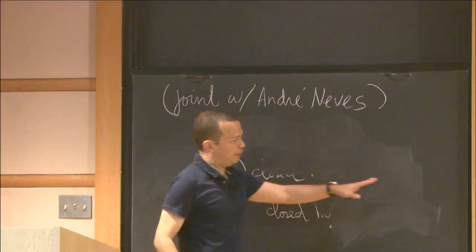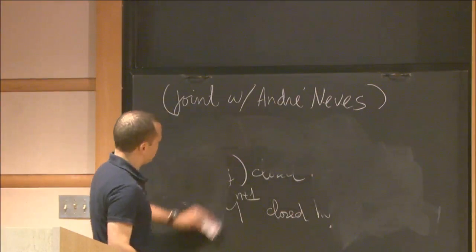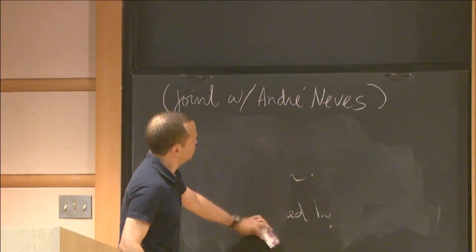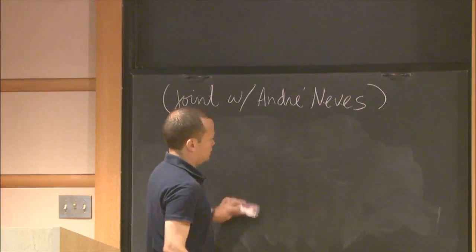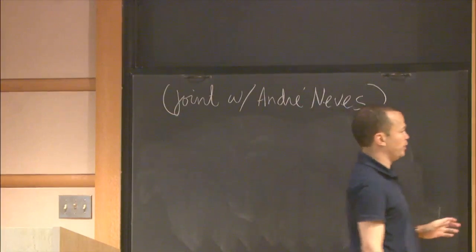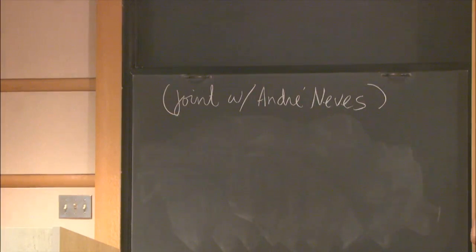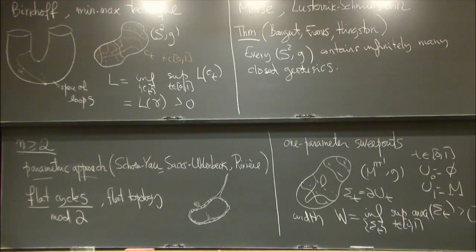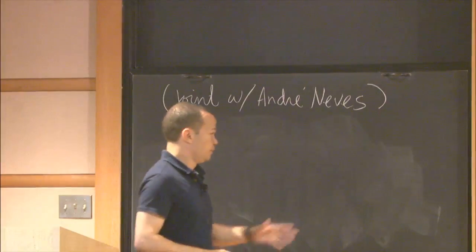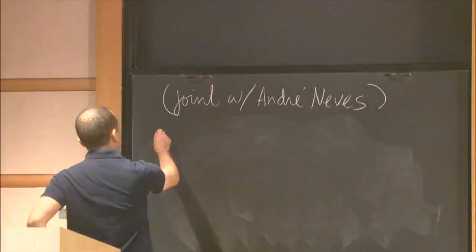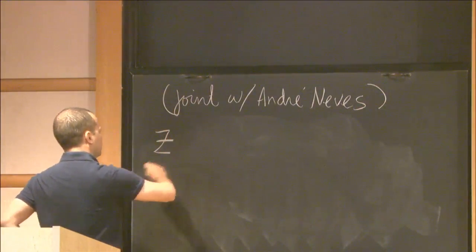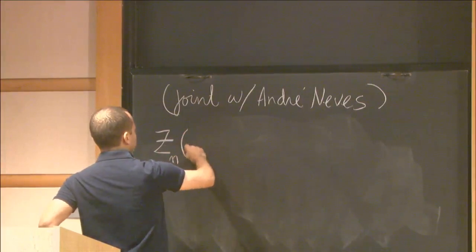And we adopted the point of view that we have to look at cycles, but we actually thought at the time that the right way of looking at this problem would be to consider flat cycles modulo 2, and I will explain why modulo 2 gives you the right thing. So we decided to look at the space of cycles, so let me write the formal definition.